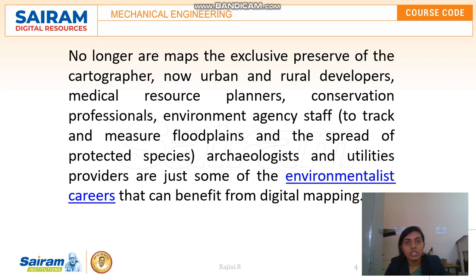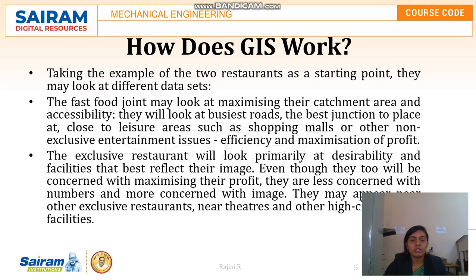For example, if there is any flood, before that we can see some warnings like the weather condition or the rain. So these are the measurements used to see the geological applications. The utilities provided are just some of the environmentalist careers that can benefit from this digital mapping. And how does this GIS work?